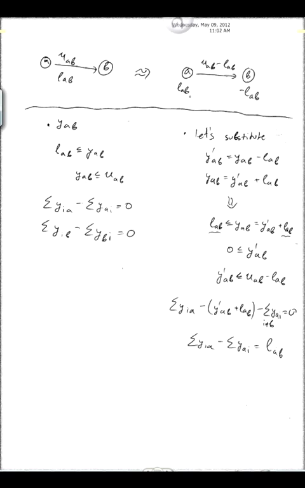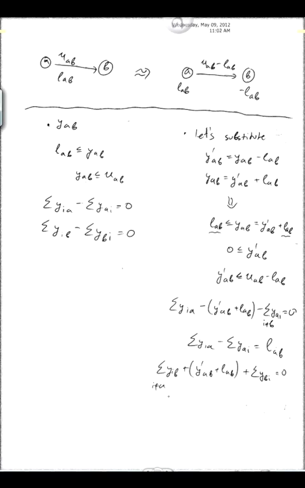A similar thing happens with B. Here's everything that comes into B, but one of the things that comes into B is our special variable, for which we do the substitution. This doesn't include node A, plus everything that goes out of B equals 0.